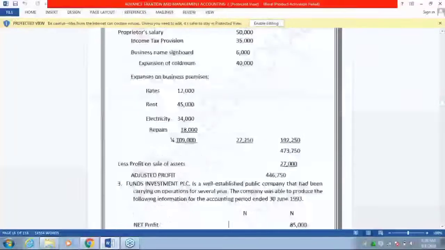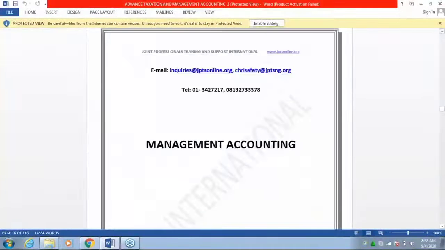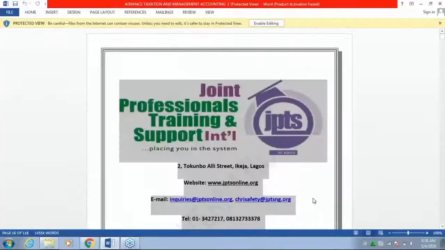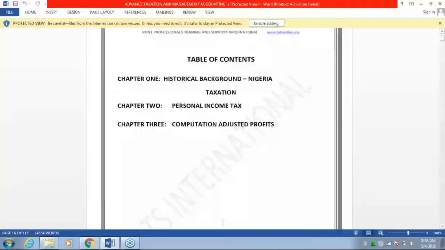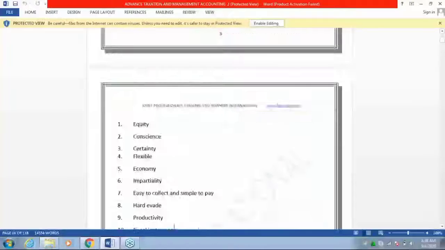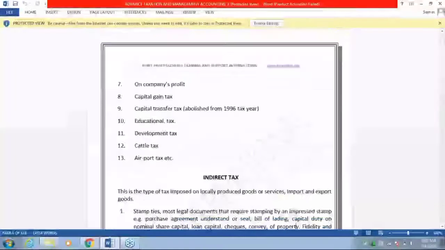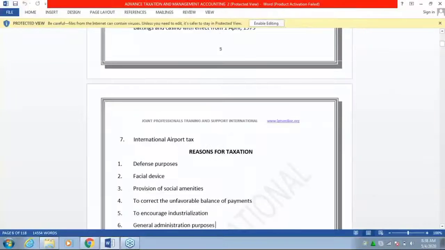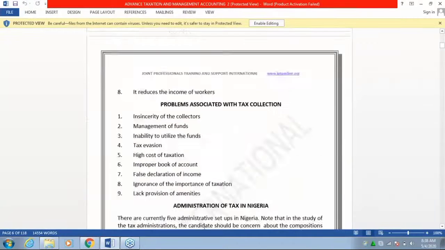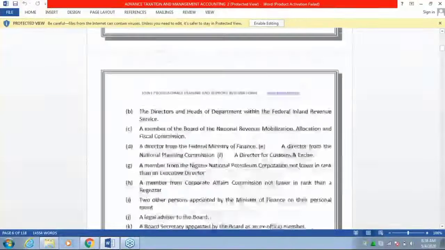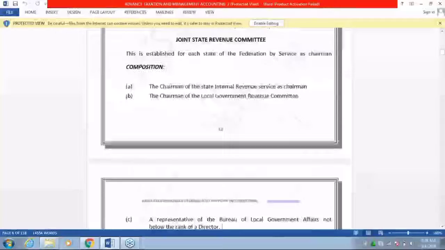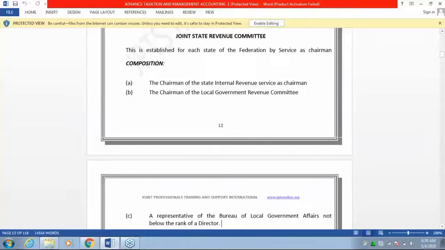Assignment number 2. List and explain allowable and disallowable expenditures that have to be considered when calculating personal income tax or company income tax.